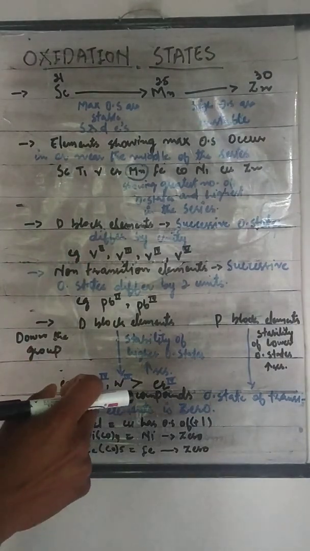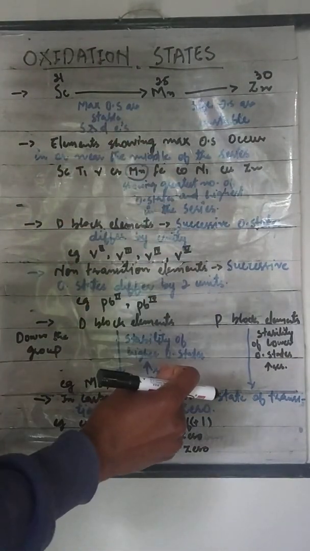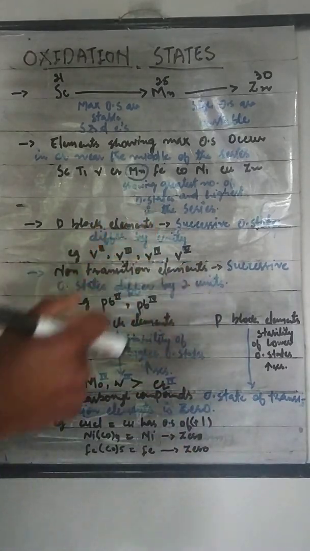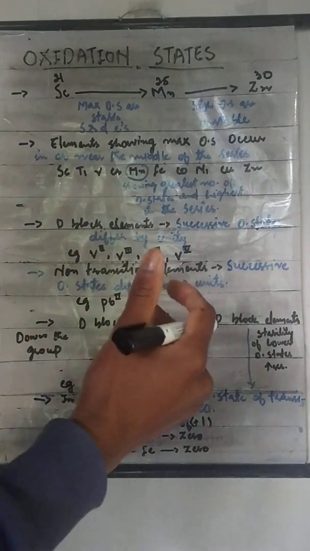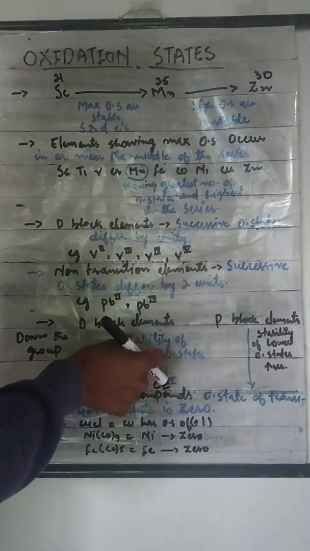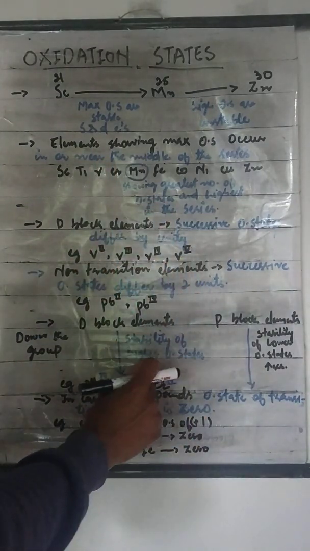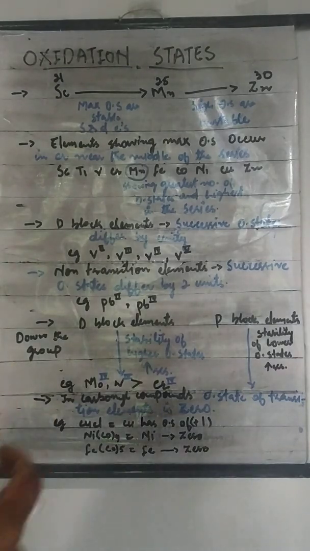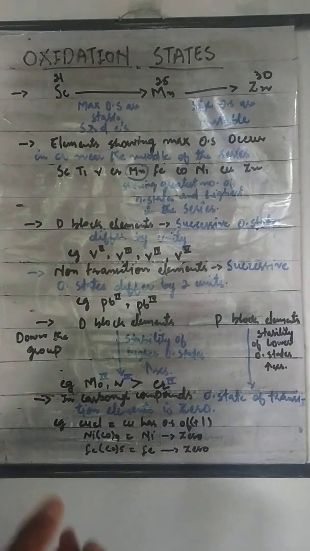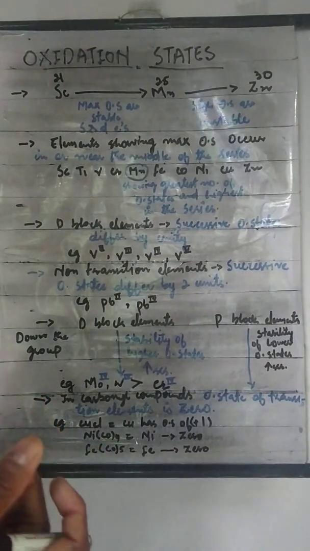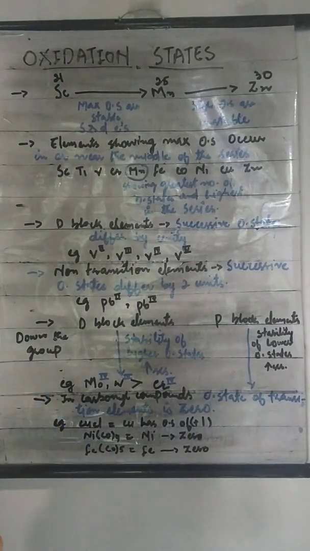And when we move from top to the bottom of the periodic table, in case of D block elements, or down the group, stability of higher oxidation states increases.